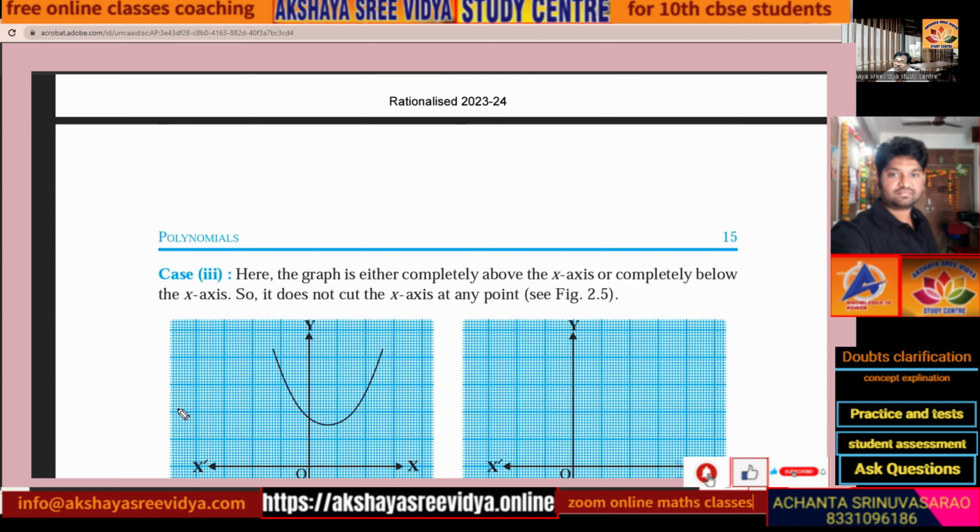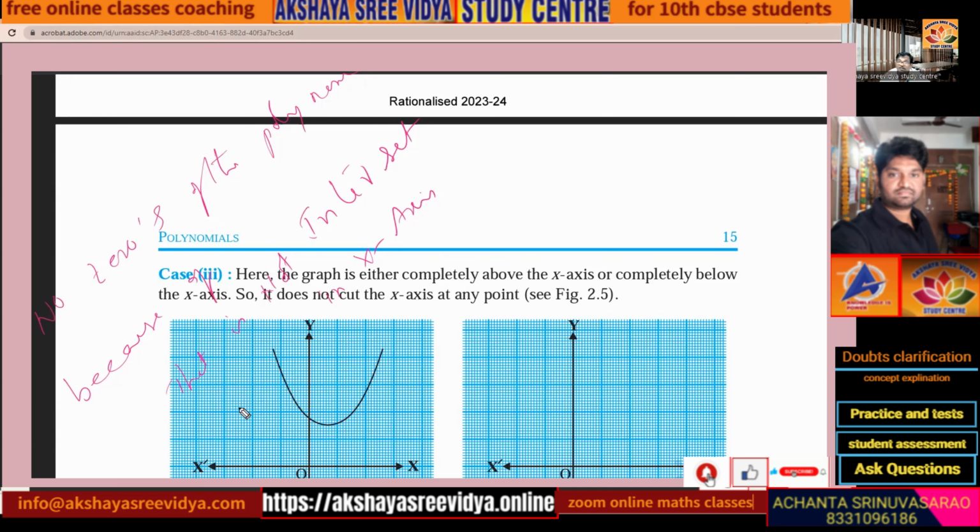No zeros of the polynomial, because it is not intersecting the x-axis.